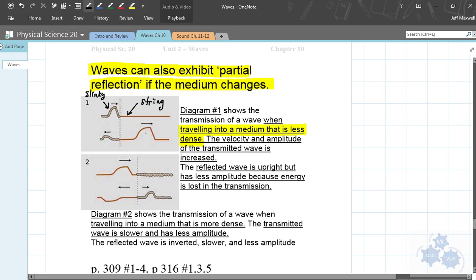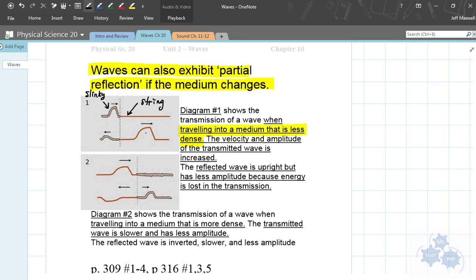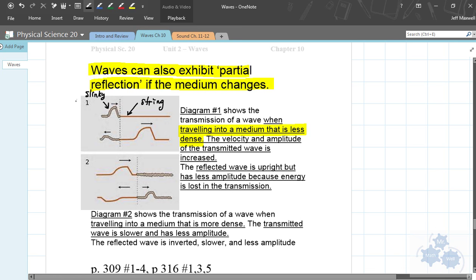And your length of string was not very long, so this was tough for you guys to see. Next time if I do this, I'll probably make that length of yarn double the length so you can see it a bit more. But you had a pulse down the slinky, and then it hit that yarn, and the yarn just went wildly back and forth. I saw that in your activities there. So the velocity and the amplitude of the transmitted wave is increased.